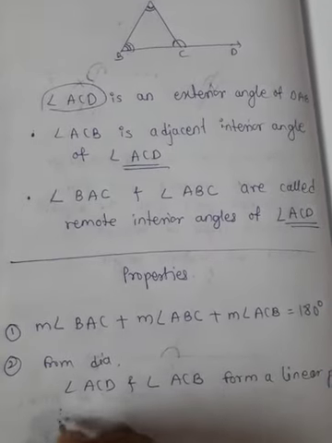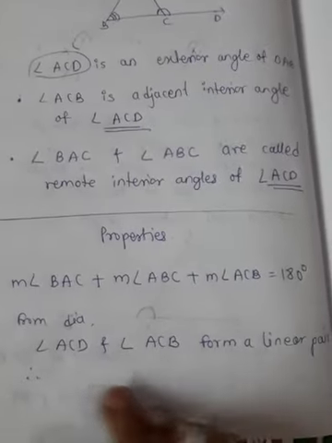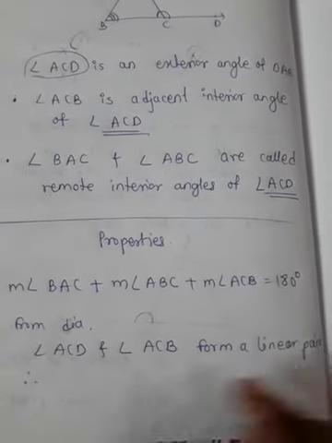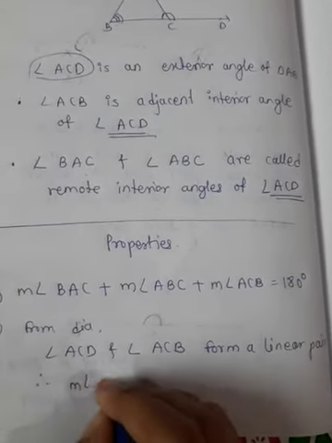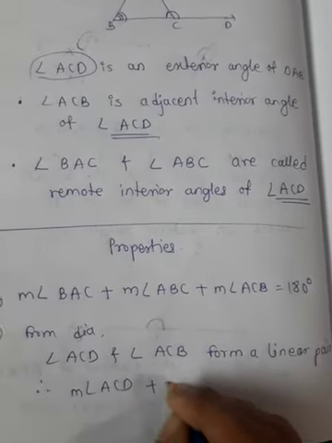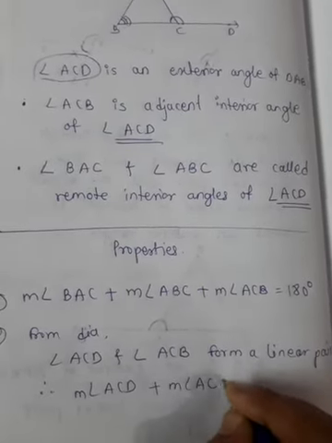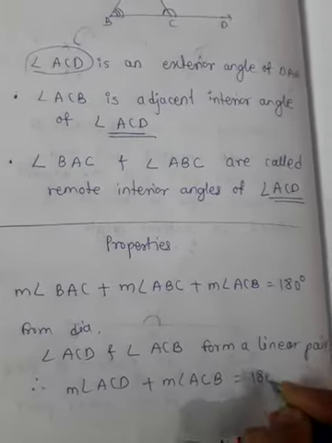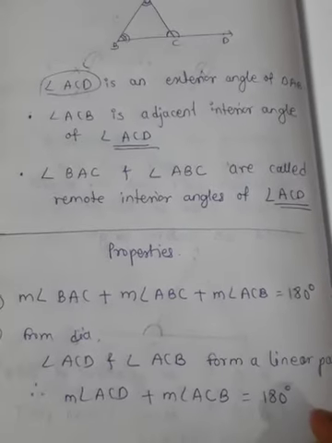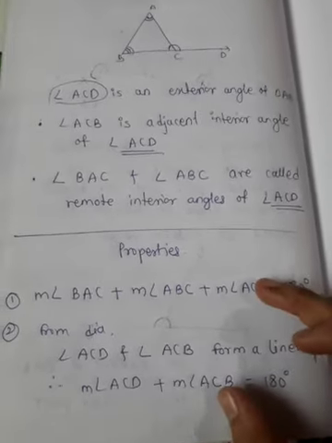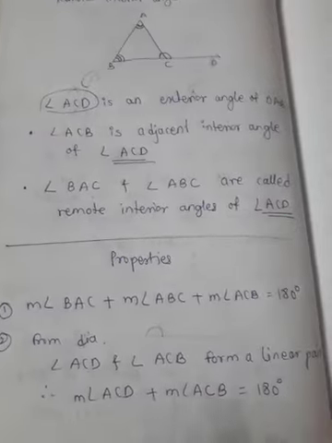So we know that if angles are in a linear pair, then the sum of their measures is 180 degrees. So we have got two pieces of information from this figure.